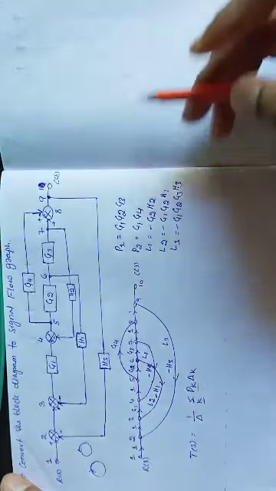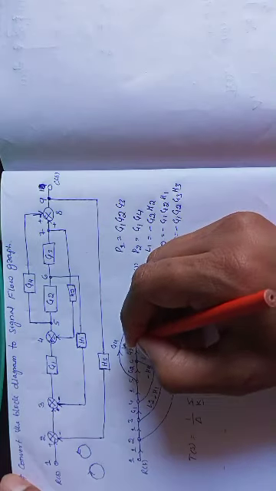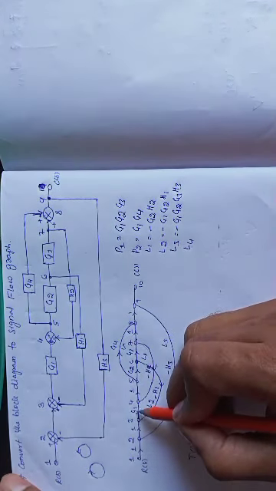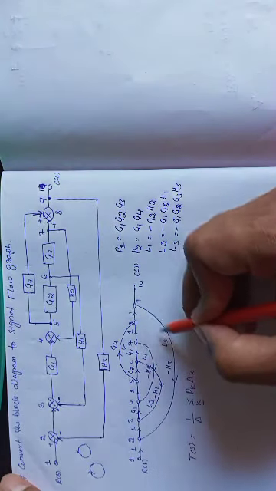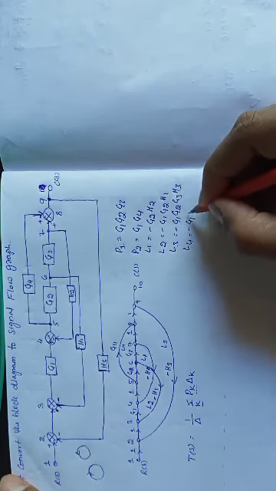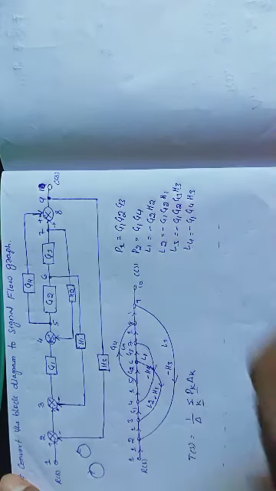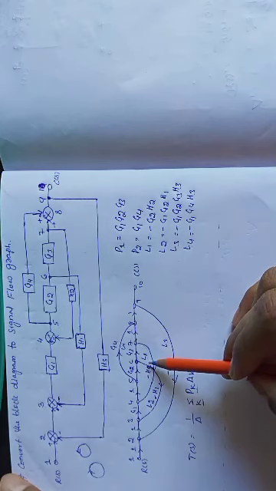Now this is the fourth loop, L4. This one means G1, G4, and H3. These are the four loops in this.